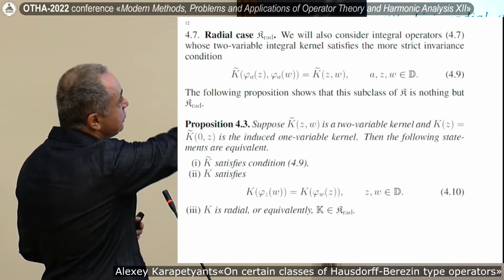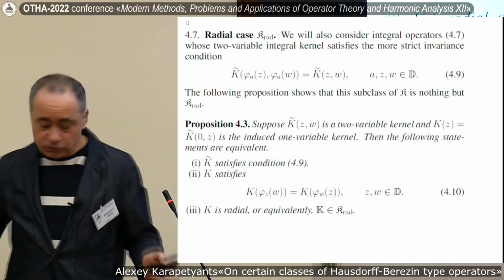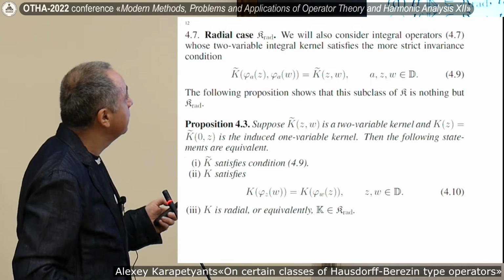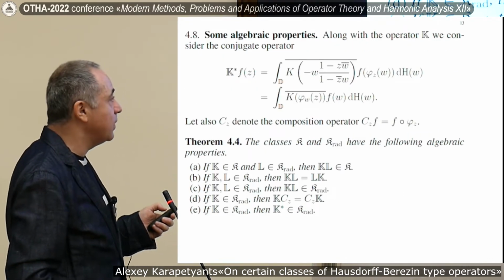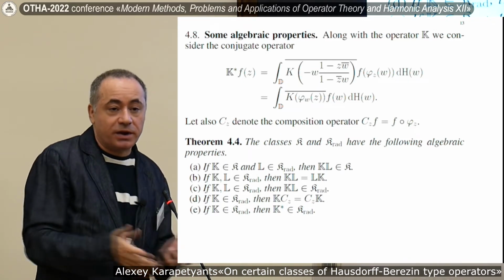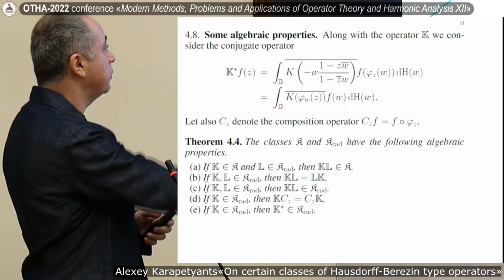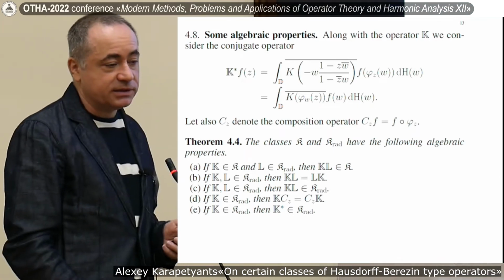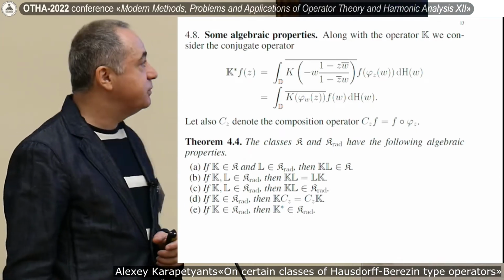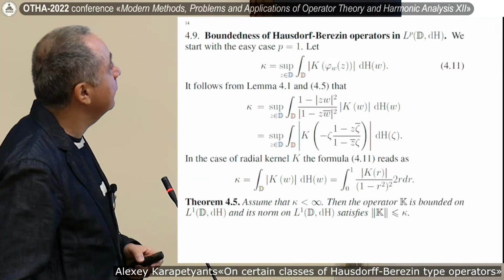So this would be the condition for radial kernel, for this form of Hausdorff-Berezin operator. The radial kernel is quite nice because at least you recover the Berezin transform by radial kernel. And in this case, you can prove algebraic properties that make me think that you can advance in algebraic theory, but I'm not an algebraic guy, so I'll just keep this slide.